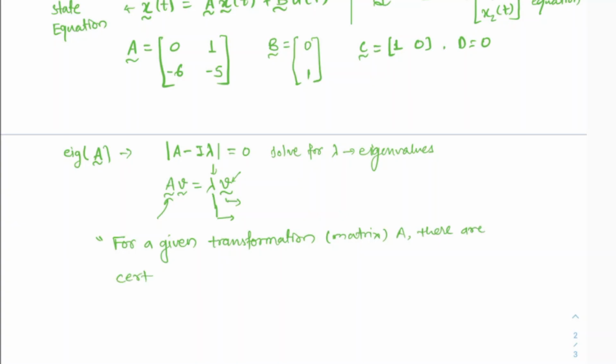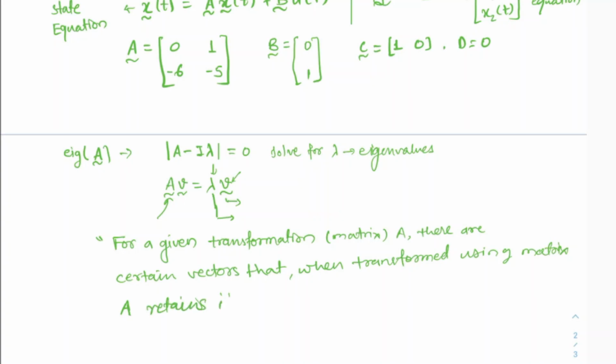there are certain vectors that, when transformed using matrix A, retain their direction and are scaled by a factor.